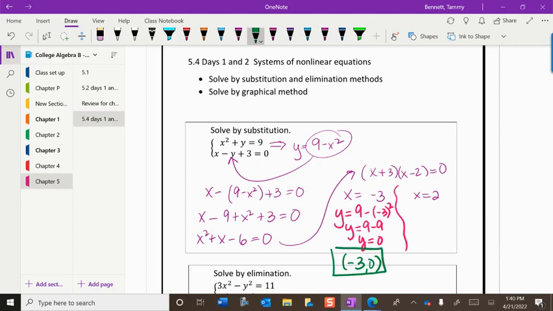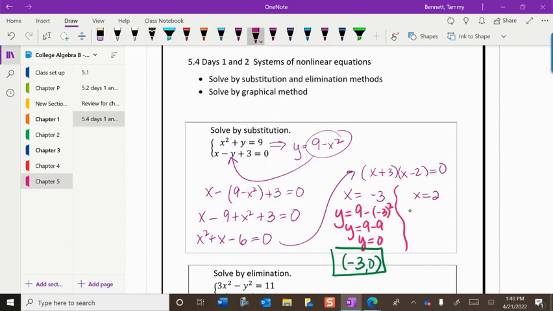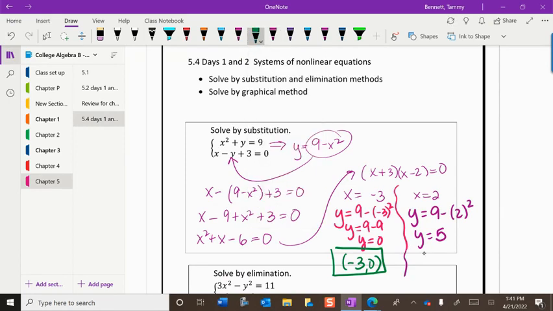The next one, when x equals 2, same thing, y will be 9 minus 2 squared now. So y is 9 minus 4, or 5, which means the solution for this one is when x is 2, y is 5.